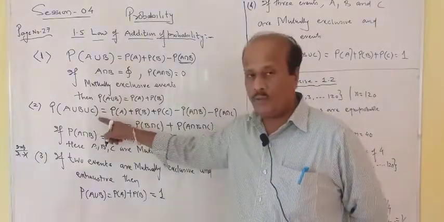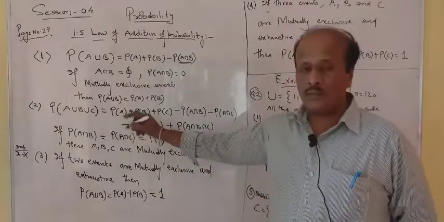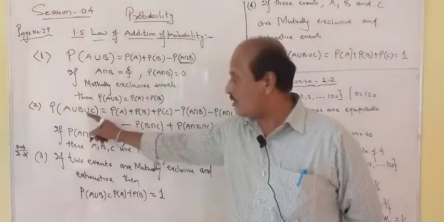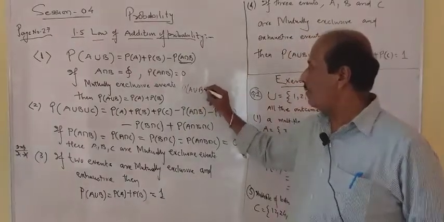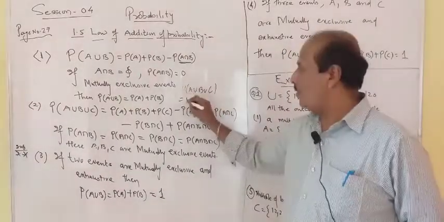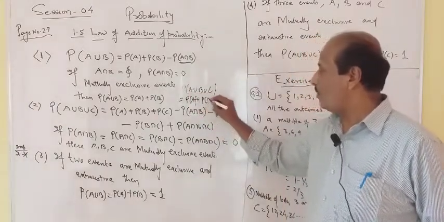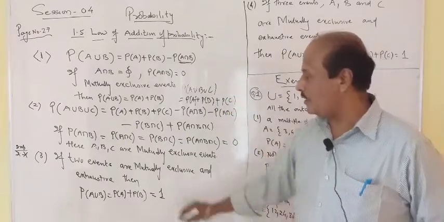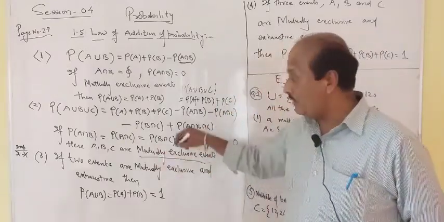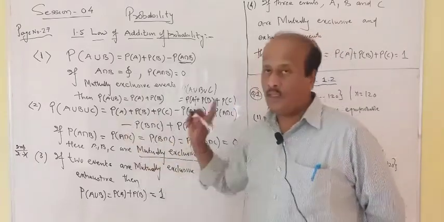Probability of A union B union C. I have not written this on the board, but you can see it in the textbook. The law will be: probability of A union B union C is equal to probability of A plus probability of B plus probability of C. When the question directly says these events are mutually exclusive, this formula will be modified like this.